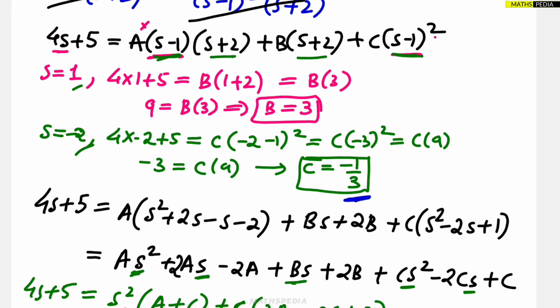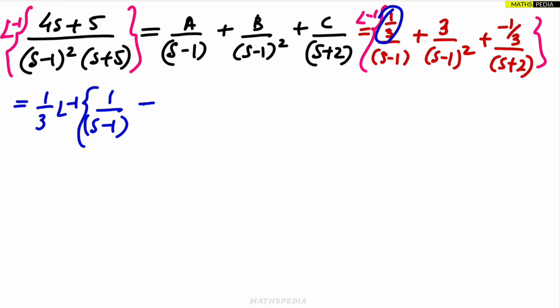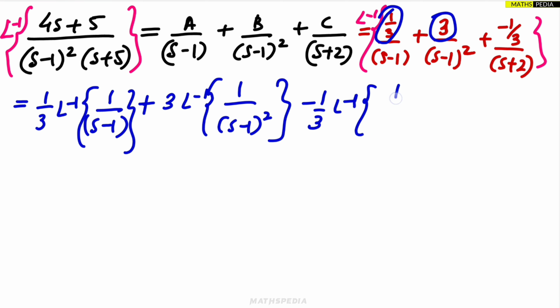How will you expand this? 1 by 3 is sitting, so take it outside since it is constant: Laplace inverse of 1 divided by s minus 1, plus 3, a constant term, you take it outside: Laplace inverse of 1 divided by s minus 1 square, plus minus 1 by 3 outside, Laplace inverse of 1 divided by s plus 2.